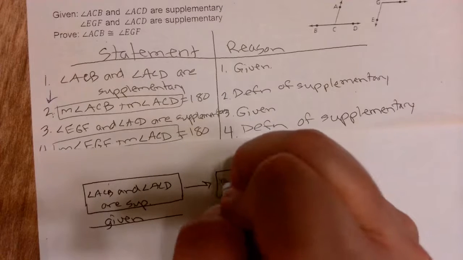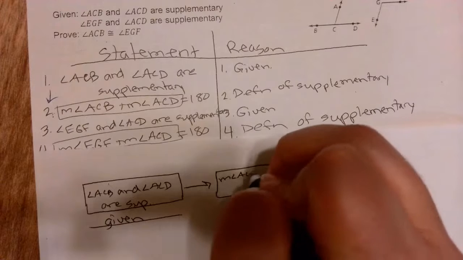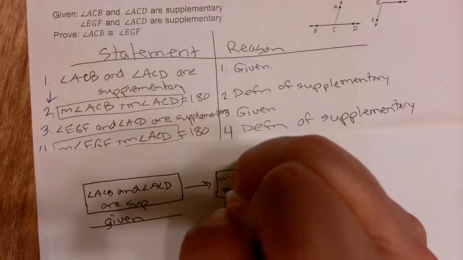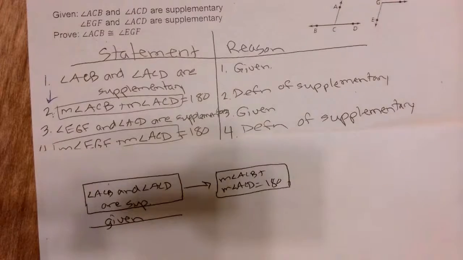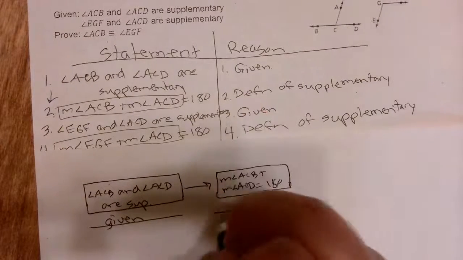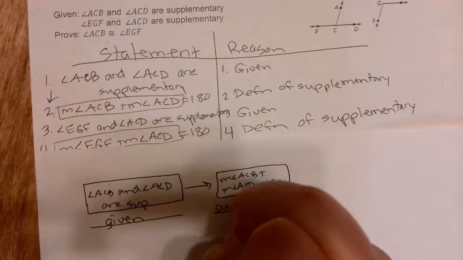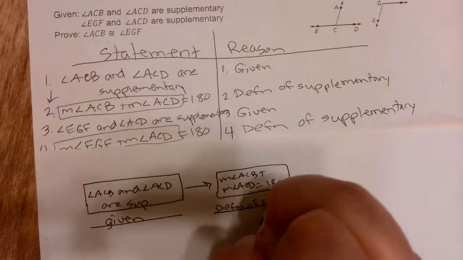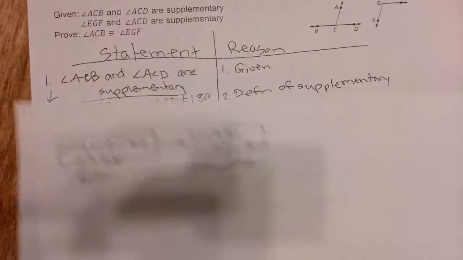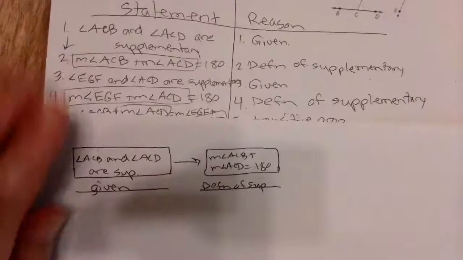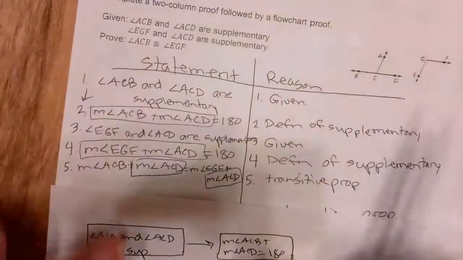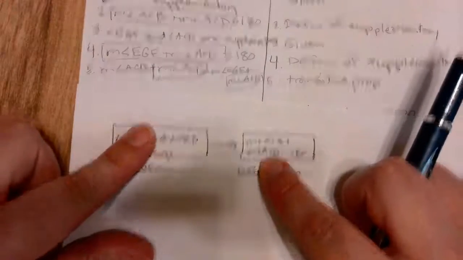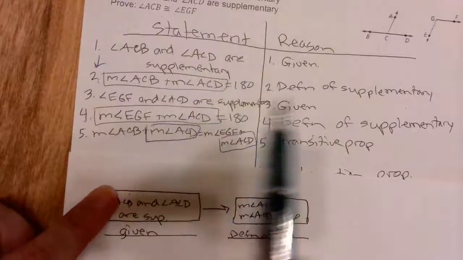The measure of angle ACB plus the measure of angle ACD equals 180. And the reason, right here, same reason, definition of supplementary. Now I'm not going through the whole proof again, I'm just going through how to get from here to here. We already know why it works. We already went through the proof.